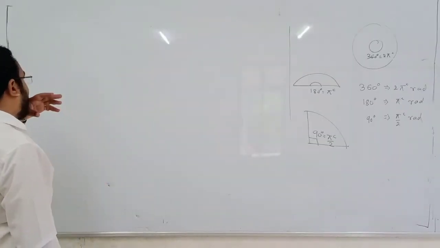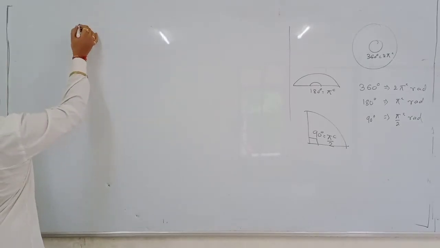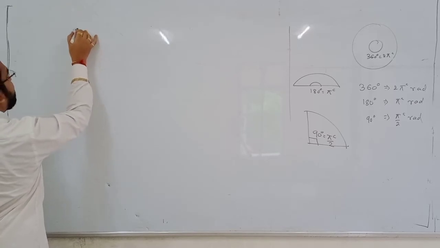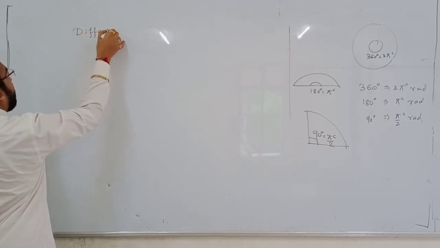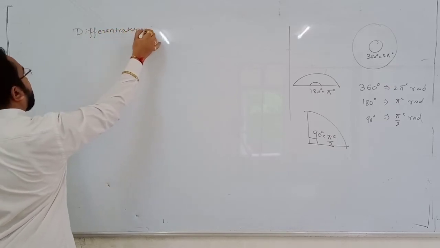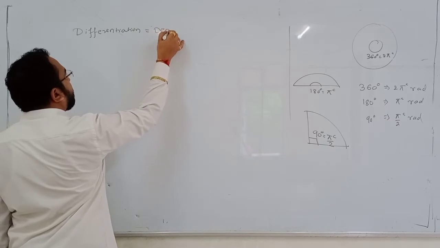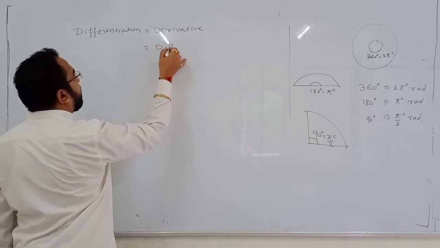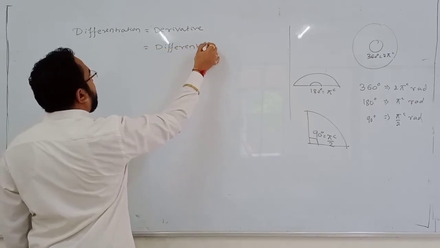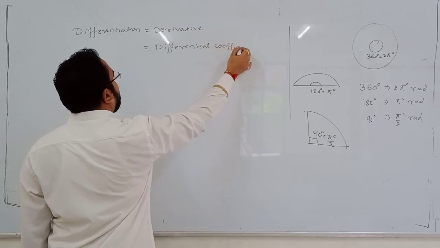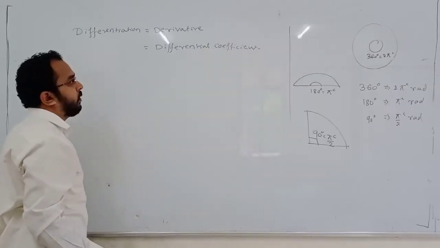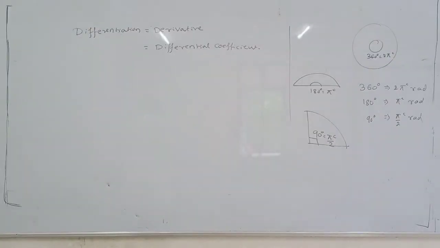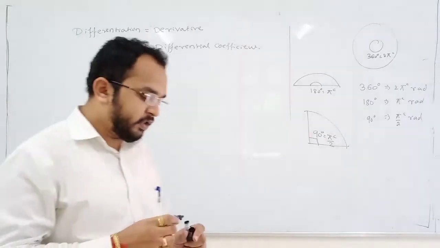Now suppose, I will tell you the different names of differentiation. Differentiation means derivative, which also means differential coefficient. All are the same things. What is differential coefficient? What is derivative? What is differentiation?